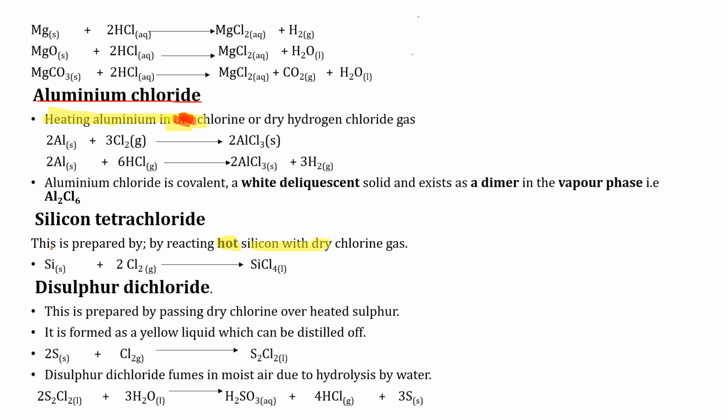The reason I'm saying dry is because when you're heating, we expect the gas to be dry. So hot silicon reacts with dry chlorine gas to form silicon tetrachloride, and this is a covalent liquid. Like we looked in group 4, all tetrachlorides of group 4 elements are covalent in nature, and they have simple molecular structures. So on proceeding, let's look at disulfur dichloride.